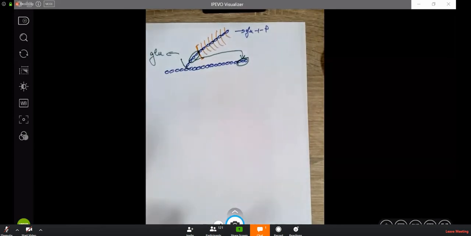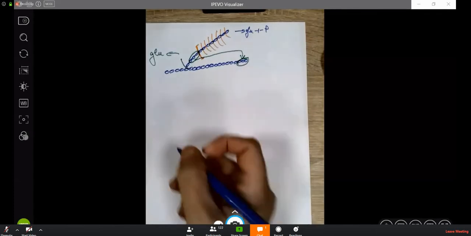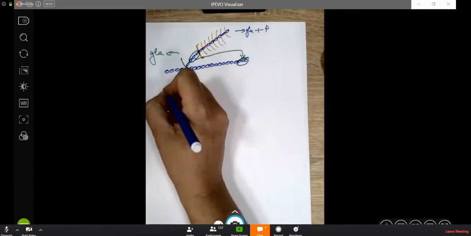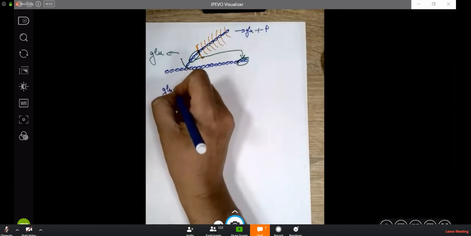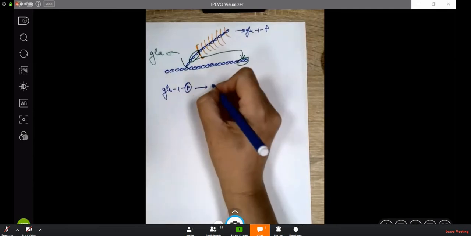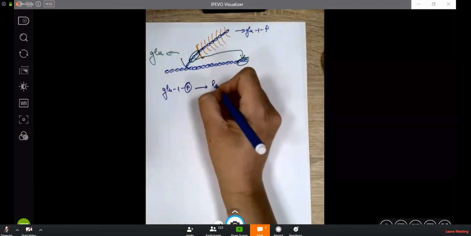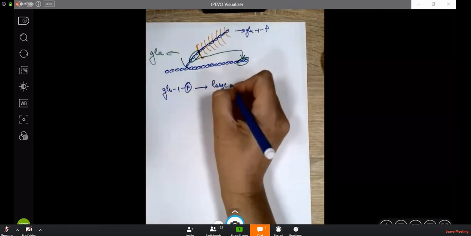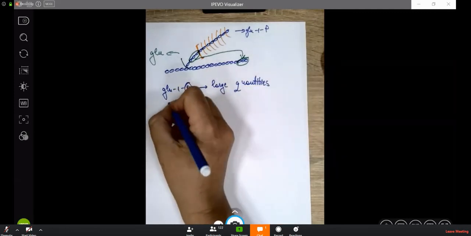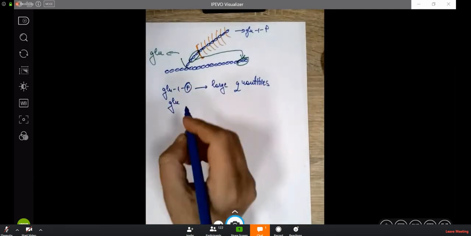So, from glycogenolysis, I am going to obtain what? Glucose 1-phosphate in large amounts, and very little amounts of glucose.